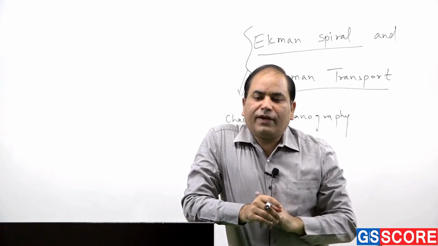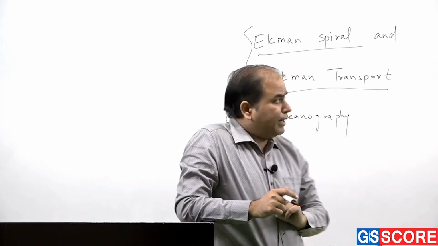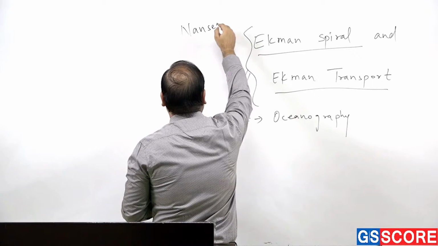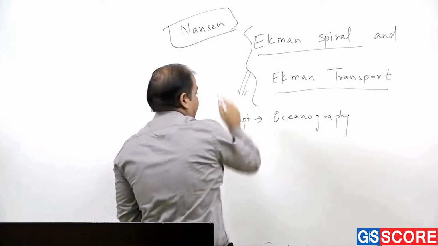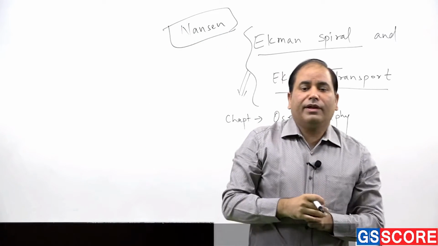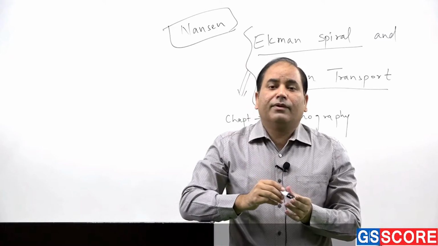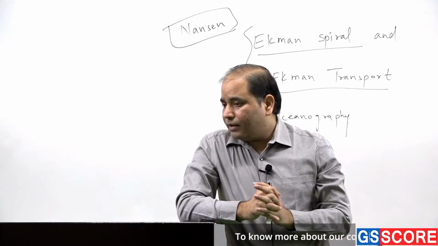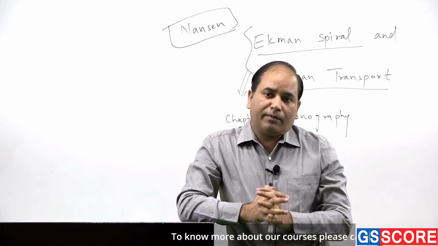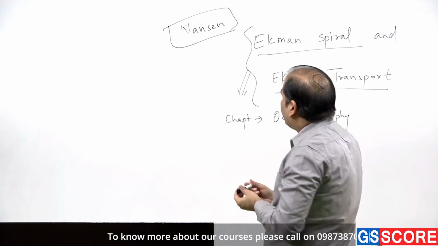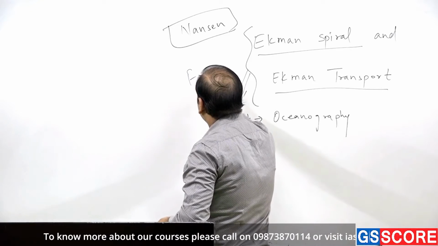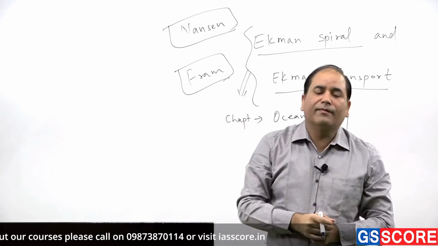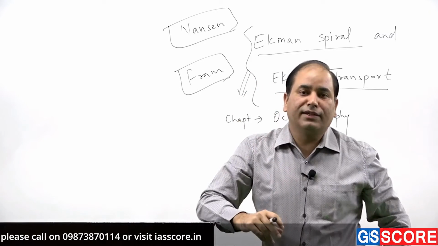Now, there was a very famous Norwegian explorer named Nansen. When he ventured into the Arctic Ocean, under the program called FRAM, they found a very interesting feature.